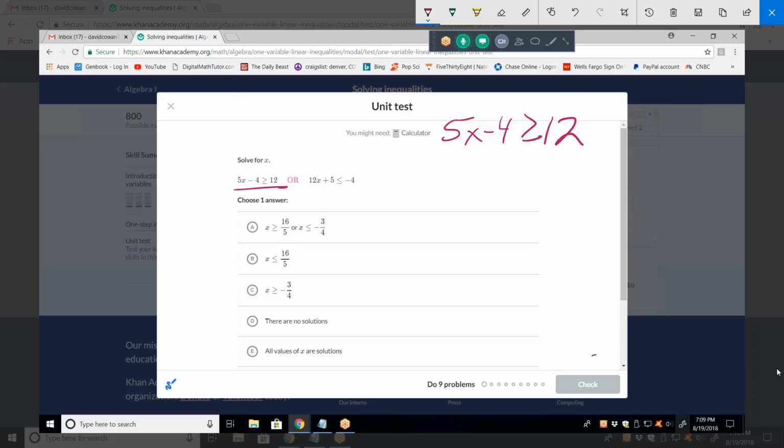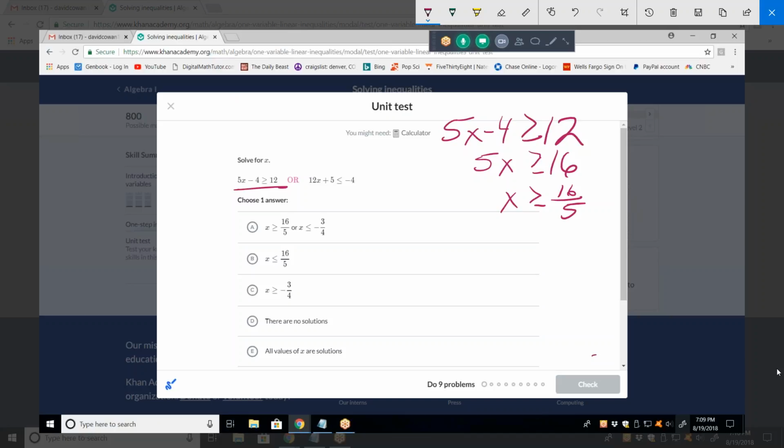Just read the next line to me every time. I don't even need to know how you're doing it. Just read the next line. Okay, and then 5x is greater than or equal to 16. And so then x is greater than or equal to 16 over 5. Now, does that tell us the answer?